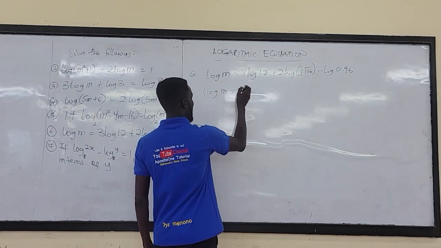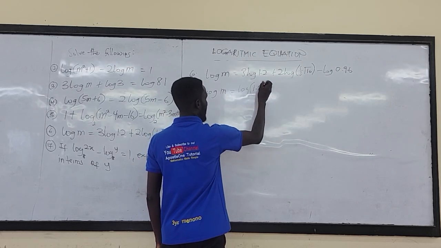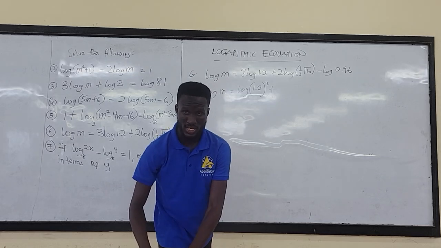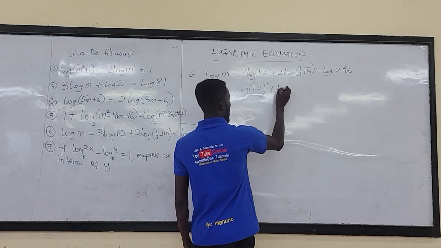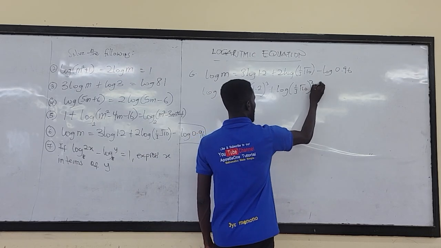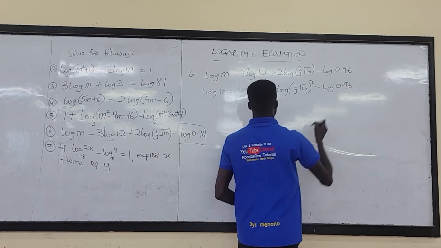So we have log 1.2 all exponent 3 plus, I'm using a different approach, log 1 over 3 root 10 all exponent 2, and then we have log 0.96.